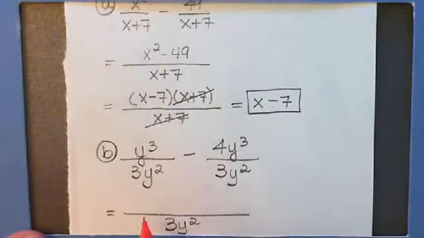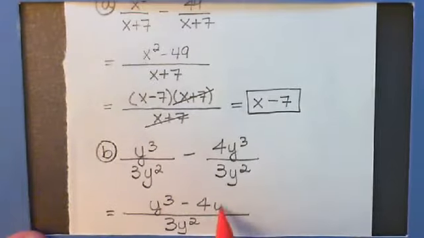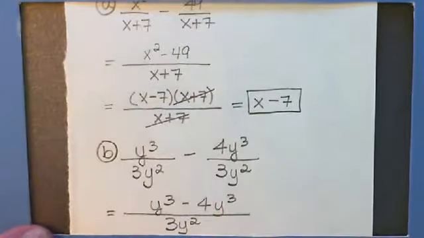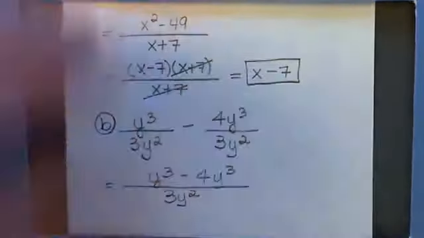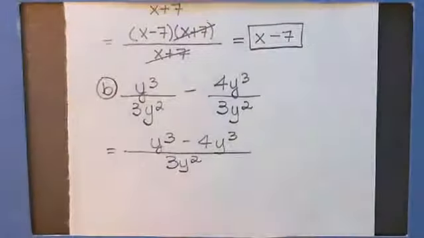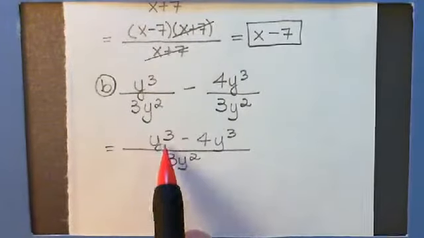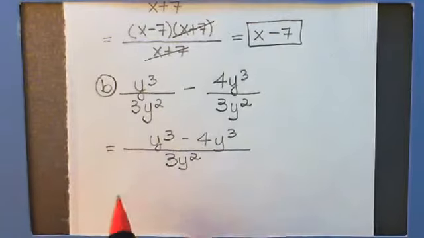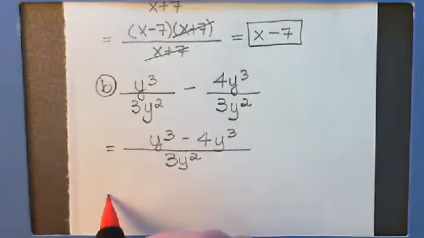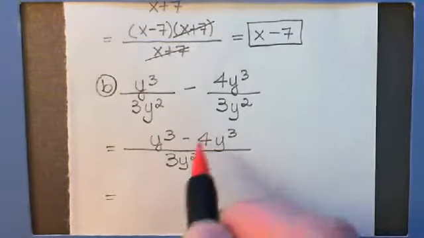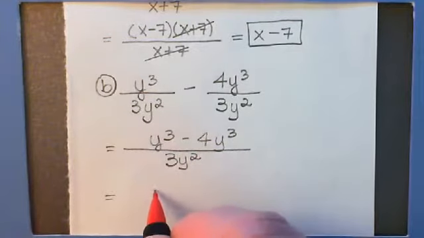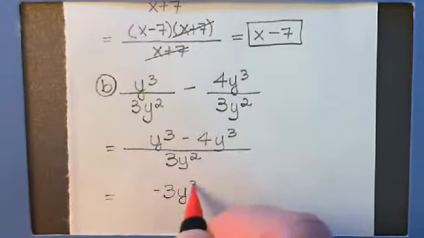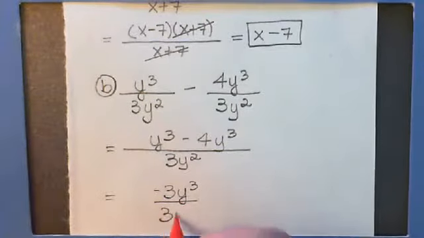And on the top, we can write y cubed minus 4y cubed. Alright, first thing we notice is that we can combine these: y cubed minus 4y cubed is negative 3y cubed divided by 3y squared.